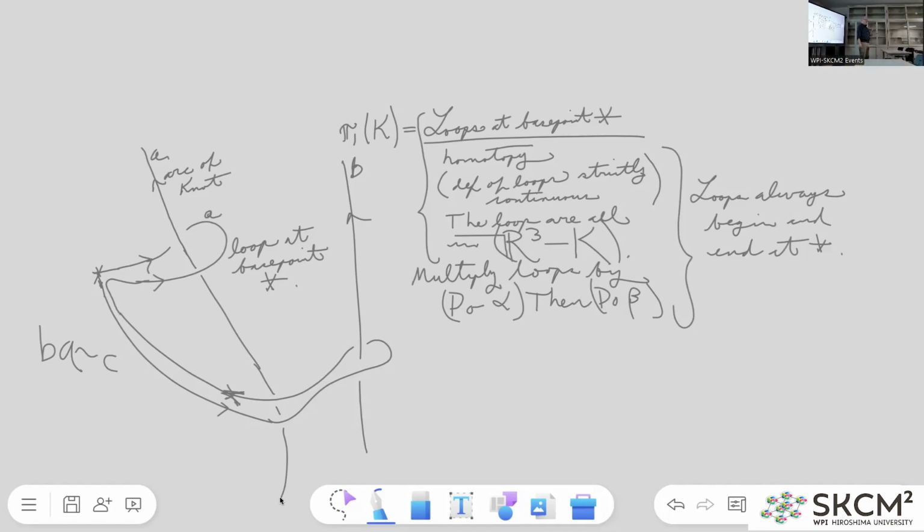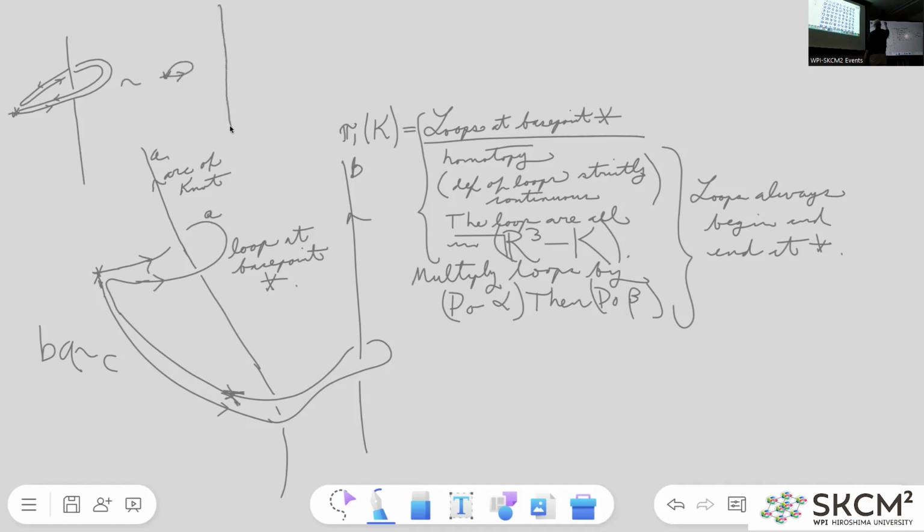And the key thing to seeing that it forms a group is to see inverses. How could you get an inverse to a loop that went around an arc? Well, let's see. Here's my base point, and I go around, and then I decide to go backwards, same direction that I went, and come back to base point. Now, what I just drew is certainly equivalent to just doing basically nothing, and here's the arc. Right? So that looks like I did an inverse, and I did.